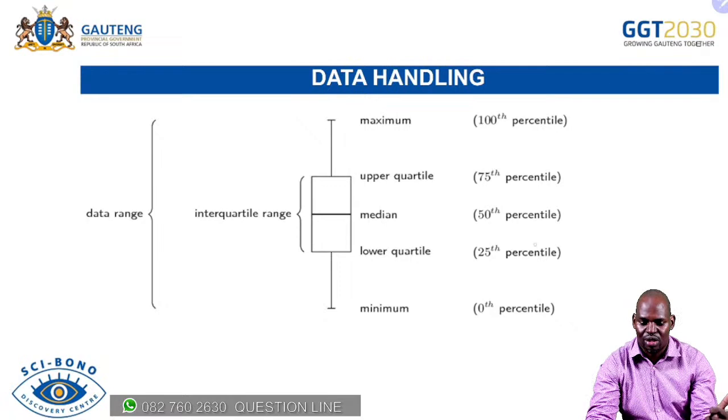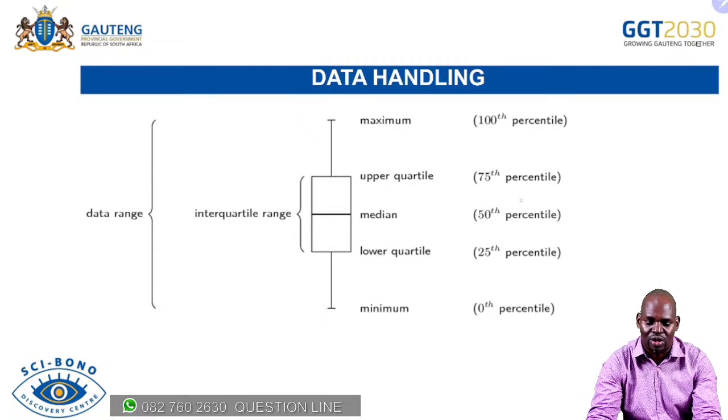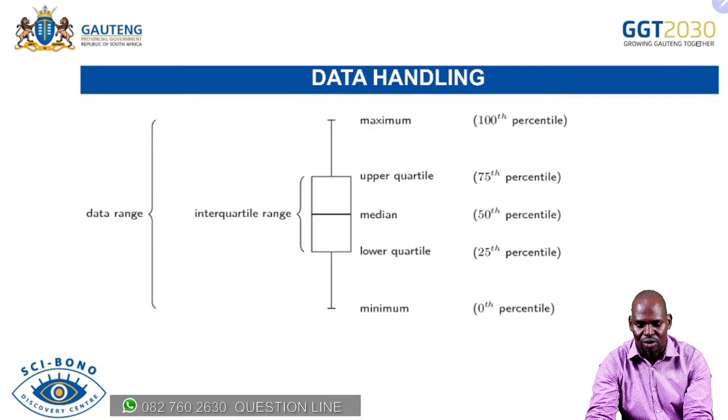So when you see quartile 1, or lower quartile, or 25th percentile, you must know that those three are referring to the same thing. Then the median, quartile 2 or 50th percentile, the three of them are referring to the same thing. Upper quartile, quartile 3 and 75th percentile are referring to the same thing.